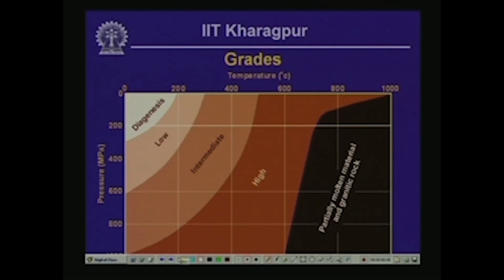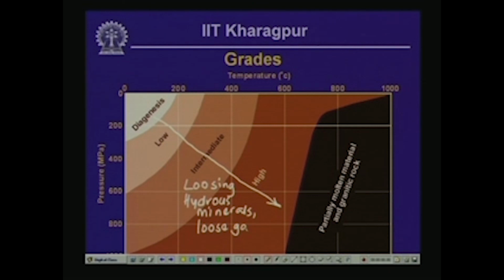So, what is happening on this chart is that as we go down from top left to bottom right, we are losing more and more hydrous minerals, and we are also going to lose gases such as carbon dioxide.